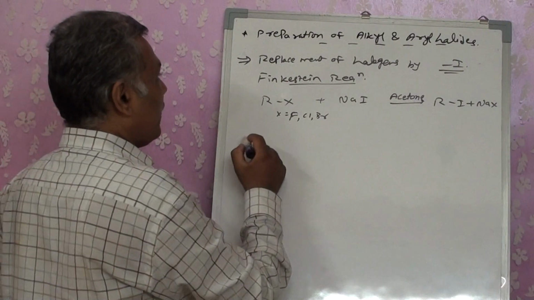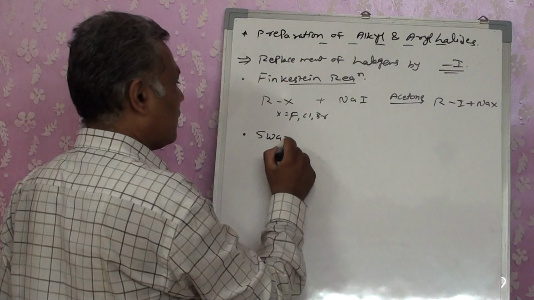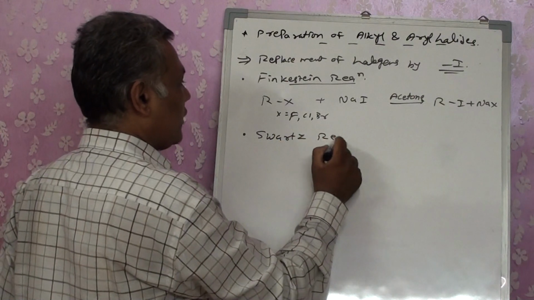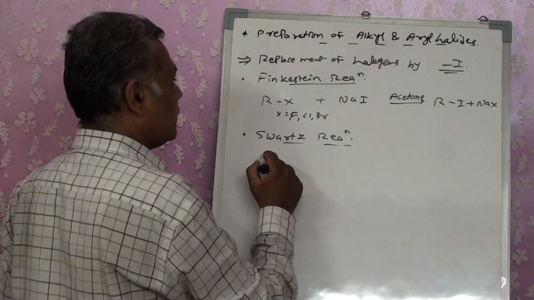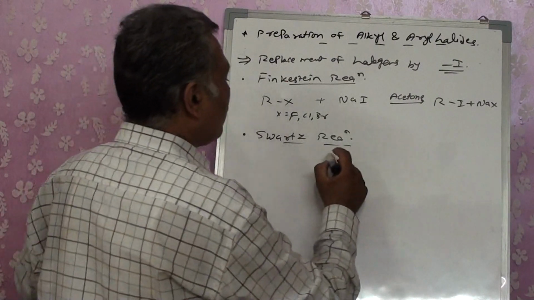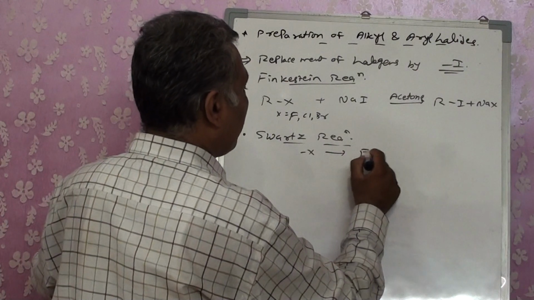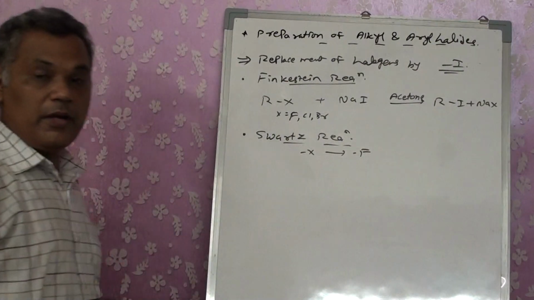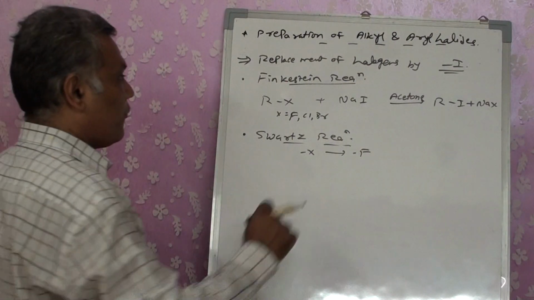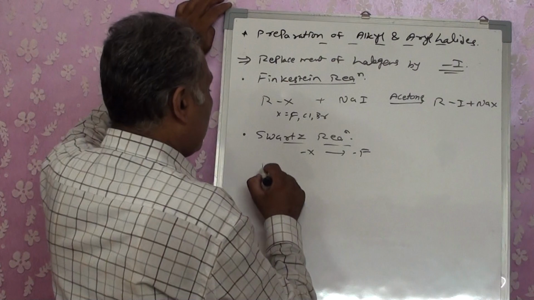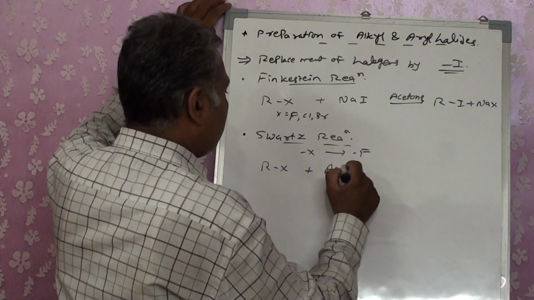Similarly, we have another reaction, the Swarts reaction. When we are talking about the Swarts reaction, what we are going to do is replace halogen by F. We will have Cl, Br, I replaced by F. So for that case, we have RX reacted with AgF.